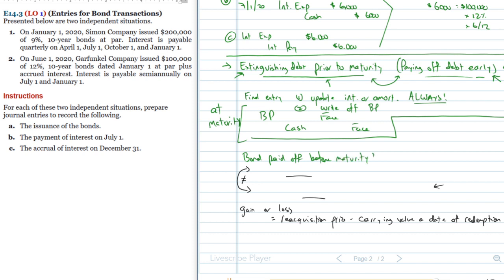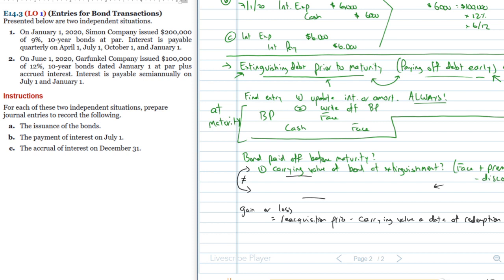There are a couple things we have to consider. First of all, what is the carrying value of the bond at the payoff date, at the extinguishment date? Then again, that's going to be face value plus any premium or minus a discount.